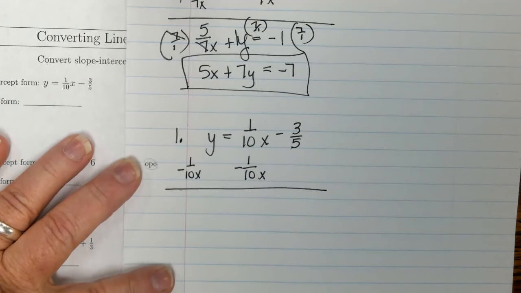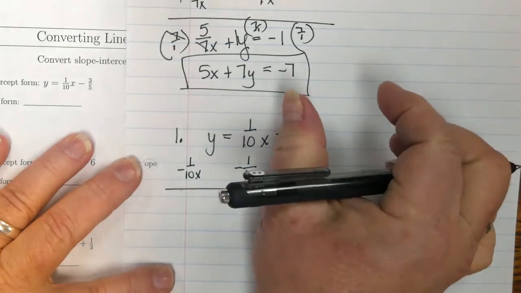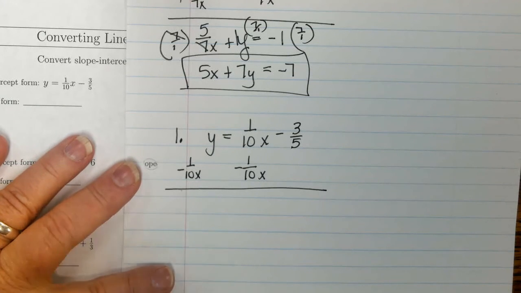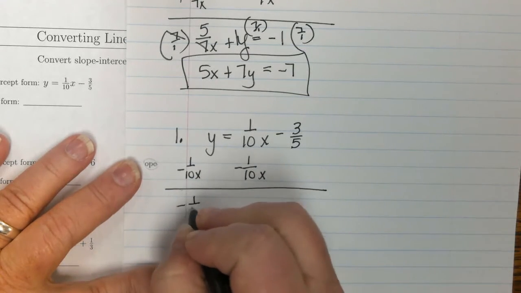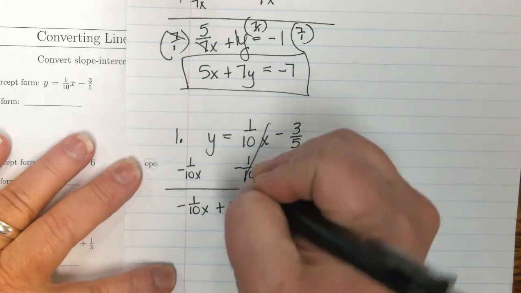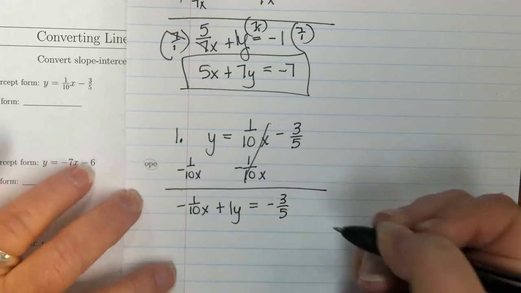Don't try and work 3 problems across and cram things in; you've got to leave space. You've got to keep things situated, lined up, correct. Okay? So I've got negative 1/10 x plus 1y is equal to, because those cancel out, negative 3/5.